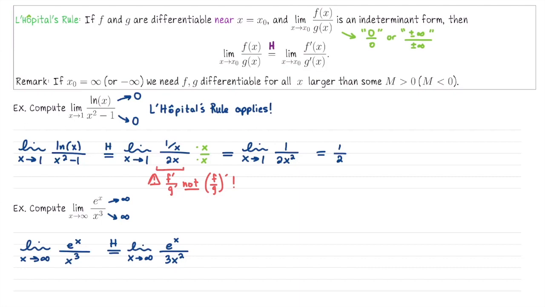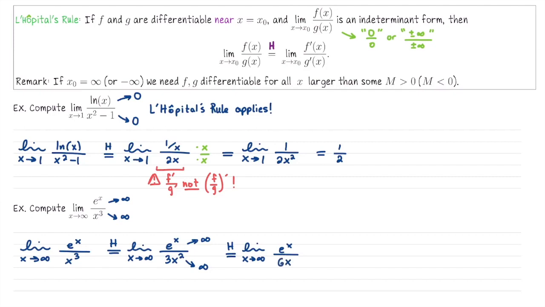Once again, L'Hopital's rule applies. As x goes to infinity, so does e to the x, and so does 3x squared. You can iterate L'Hopital's rule, so we can apply it again. So if I apply L'Hopital's rule again, we're going to get the limit as x goes to infinity of, once again, the derivative of the numerator, which is just e to the x, whereas the derivative of the denominator is 6x.